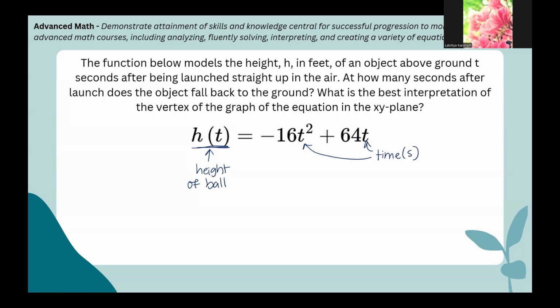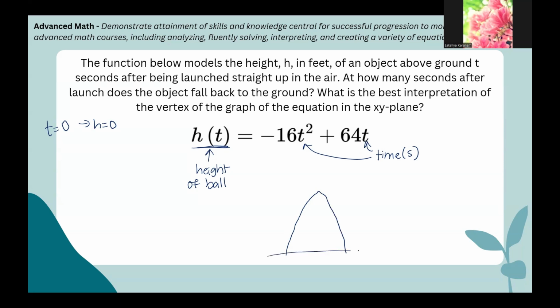Okay, so obviously at time equals 0, which means basically as it's being thrown or right before it's being thrown, the height is 0 because it has not been thrown yet. It's still at the ground. But then what happens? The height will increase until it reaches the top, and then it will fall back down. And so if you notice, it's making a sort of parabola here.